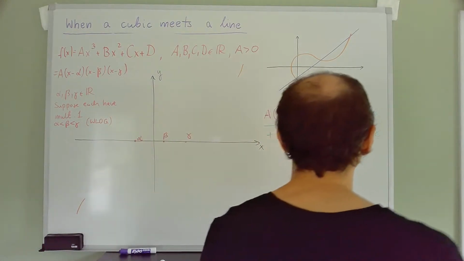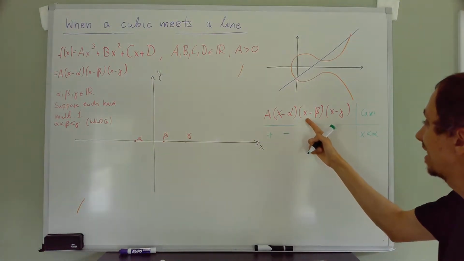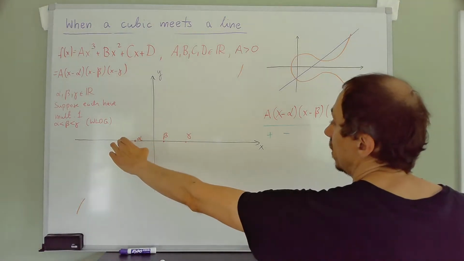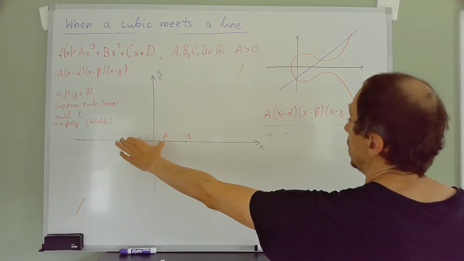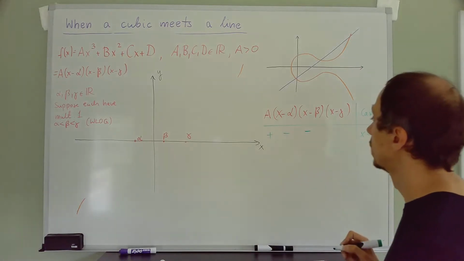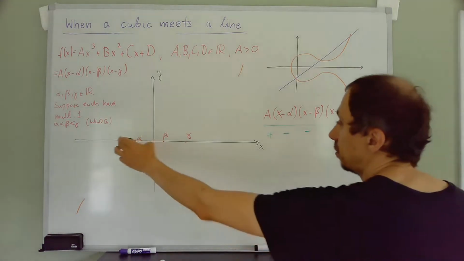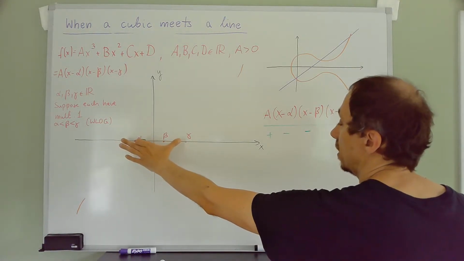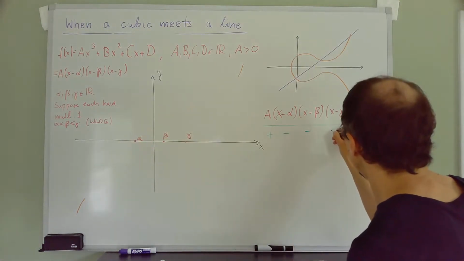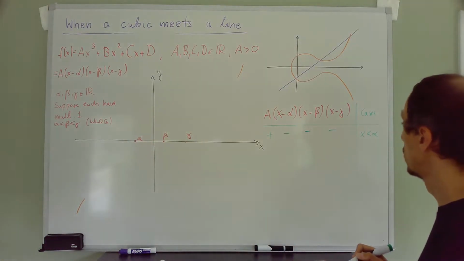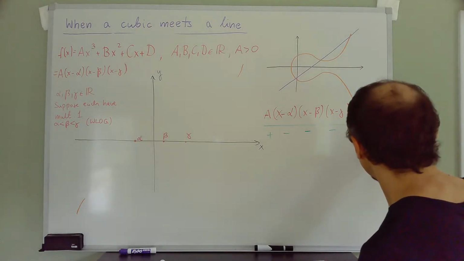What about x minus beta? Well, x is to the left of alpha, so of course it's less than beta. So x minus beta is also negative. And again, x to the left of alpha minus gamma, that's even more negative. So I have three negatives, so altogether I get a negative sign.